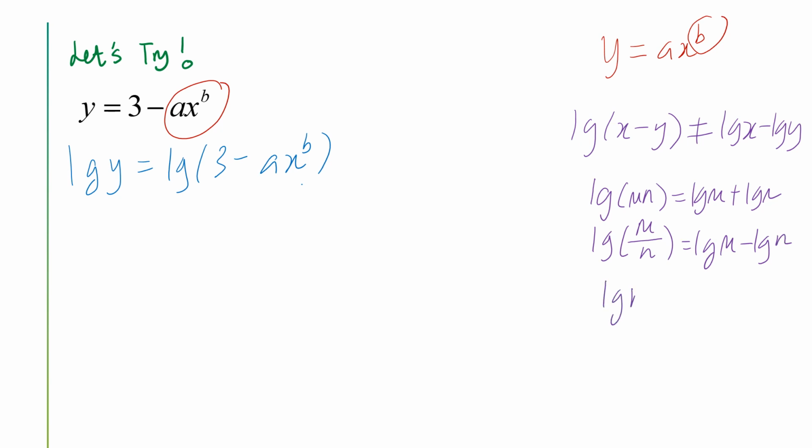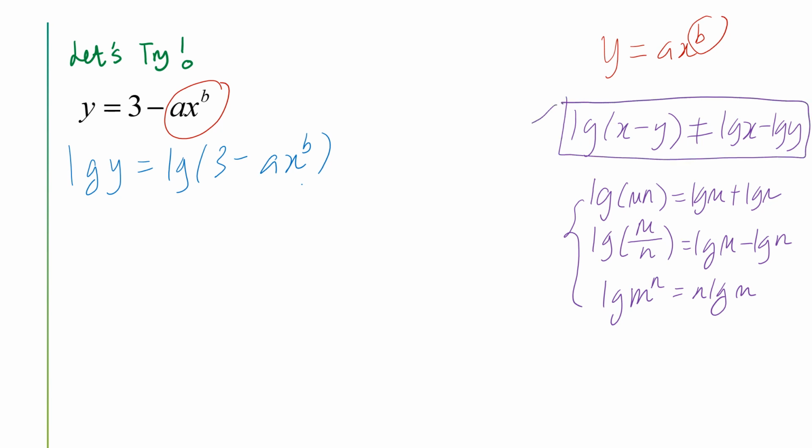Or if you have a log m to the power n, right? So these are the three legitimate logarithmic laws you can use. All right, there's no such a law here. So as a result, if you do something like this, okay, you will be at a deadlock. Right. So if that's the case, then what is the correct way of doing it?